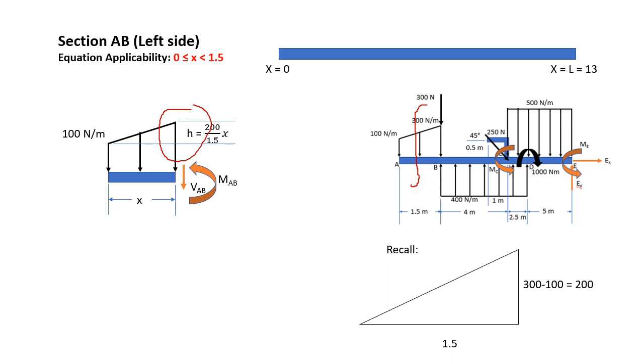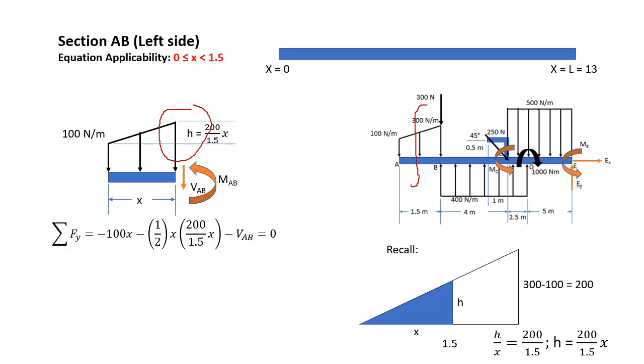So 300 minus 100 is 200. And the similar triangle, the one in our section, has a base of x and a height of h. By similar triangles, h over x is equal to 200 all over 1.5, and that gives us h to be 200 all over 1.5 times x.